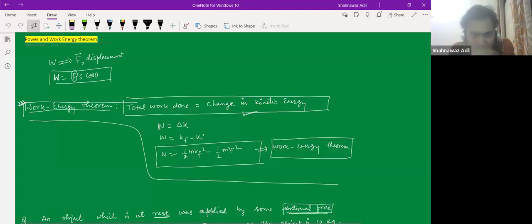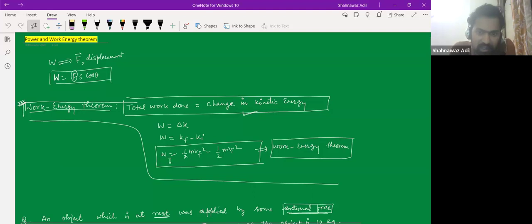If work is done by the conservative force, then change in kinetic energy would be equal to change in potential energy. So kinetic energy plus potential energy would be conserved, right? Whenever we have conservative forces. So yeah, that part is there.